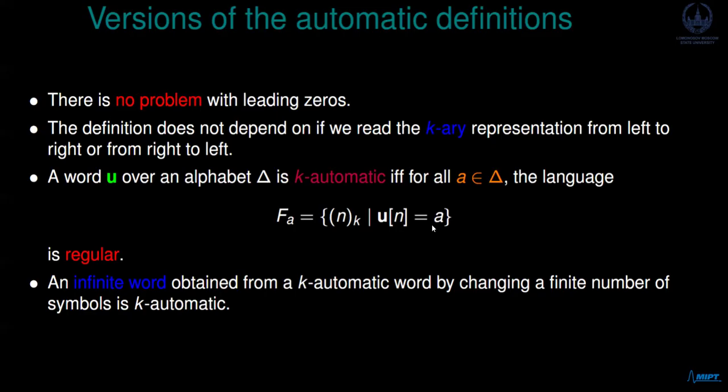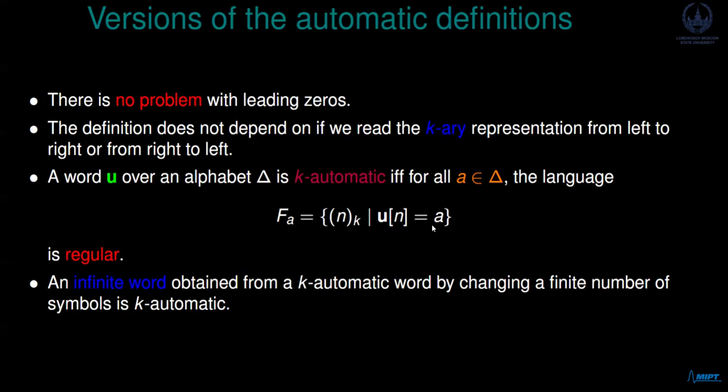This means the positions in the k-ary representation where a certain symbol a appears are structured in such a way that they can be recognized by a finite automaton, ensuring that the overall word is highly regular and predictable.